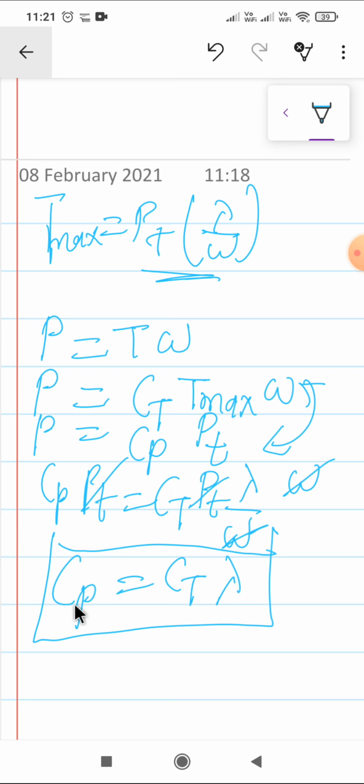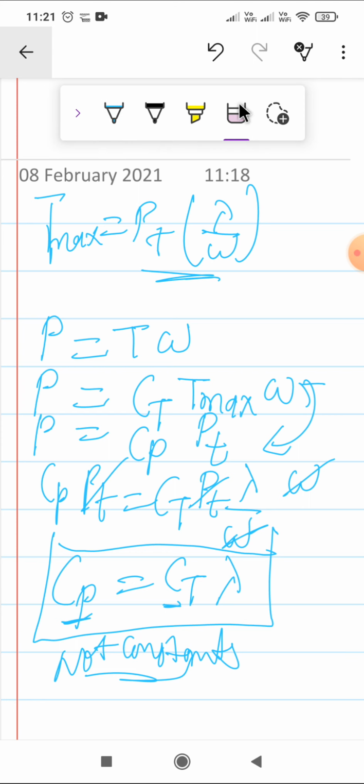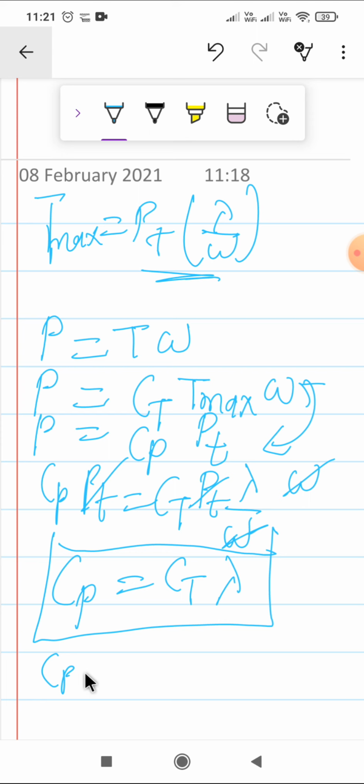From Betz criterion, the maximum value of Cp is 0.593.